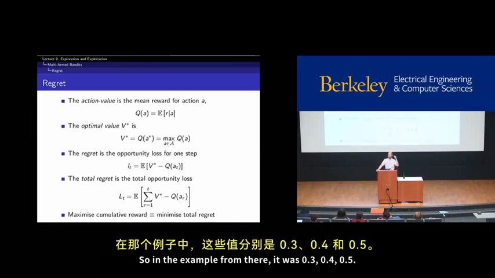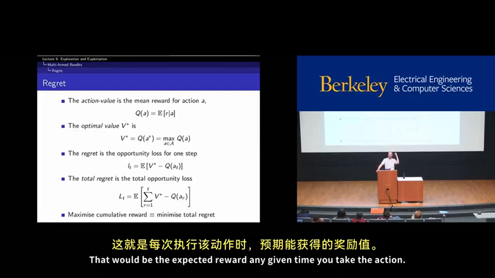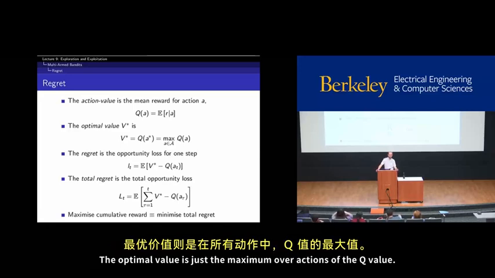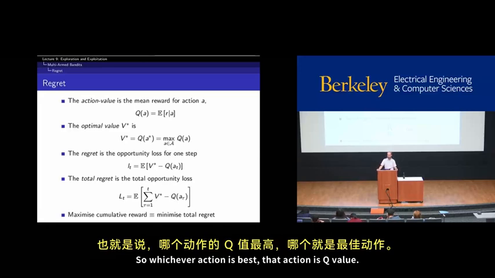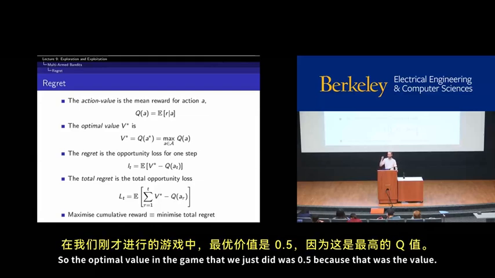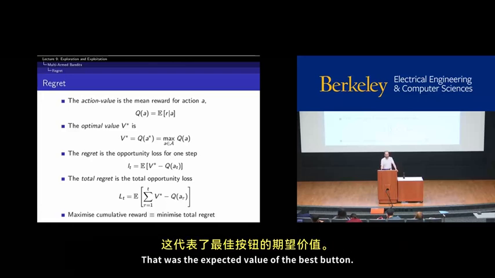So in the example from there, it was 0.3, 0.4, 0.5. That would be the expected reward any given time you take the action. The optimal value is just the maximum over actions of the Q value. So whichever action is best, that action's Q value. So the optimal value in the game that we just did was 0.5 because that was the expected value of the best button.